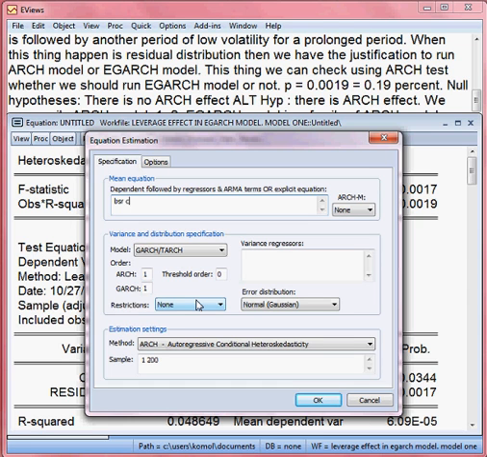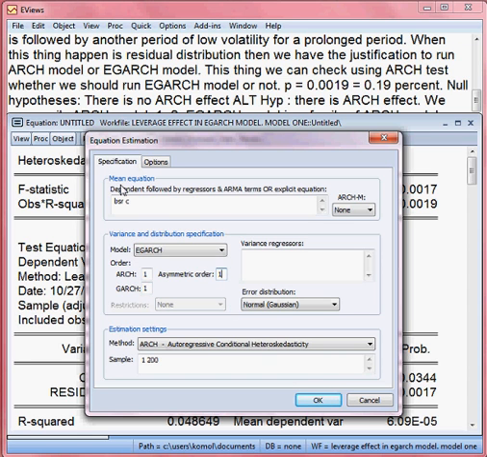We have no plan. And from here, I choose EGARCH. In this EGARCH model, there is ARCH 1 and GARCH 1, and the order is 1.